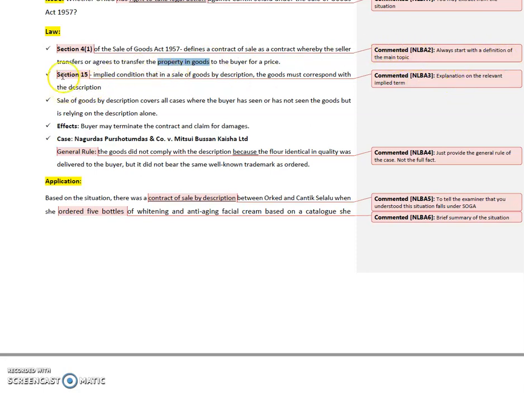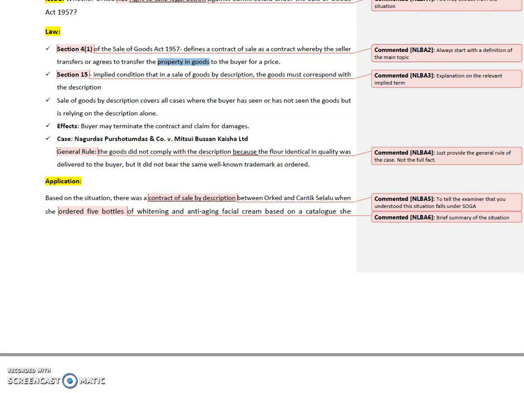Then these are the main ingredients of the law: section 15. Why? Because this situation is related to an implied term. We have many implied terms in the Sale of Goods Act 1957, but for each problem-based question, you just choose only one implied term.